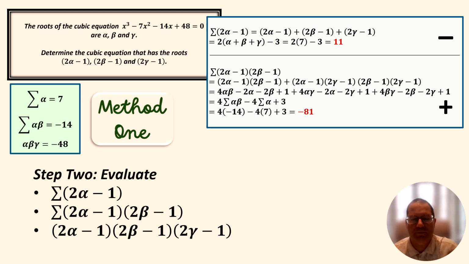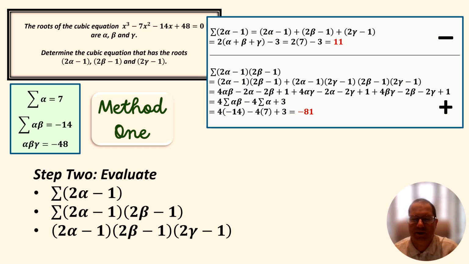For the pair sum, we have 2 alpha minus 1 times 2 beta minus 1, and so on. When we expand the brackets and simplify it, we get 4 sigma alpha beta minus 4 sigma alpha plus 3. Again, we know sigma alpha beta is negative 14 and sigma alpha is 7. So the value of the pair sum for the new roots is negative 81.